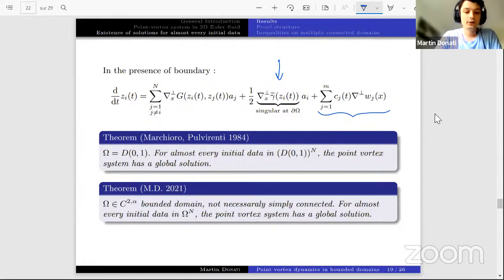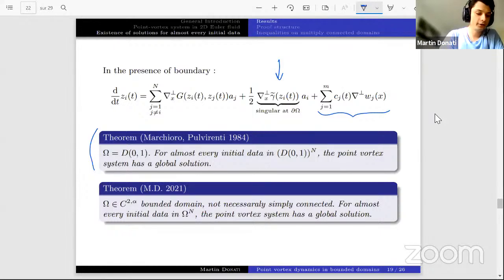So once again, we are adding problems, but Marchioro and Pulvirenti proved in 1984 that for the unit disk, precisely, it's also true that for almost every initial data, the point vortex system has a global solution. And in that case, thanks to the boundary, there is even no restriction at all on the sum of the masses. It can be whatever you want.